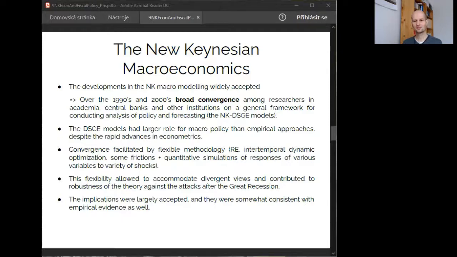And the flexibility also allowed many researchers to accommodate divergent views and contributed to the robustness of the main theoretical framework against the attacks also after the Great Recession. Everyone could just say, okay, let's improve the structure of the model, let's include different blocks, and we can use the same models again.